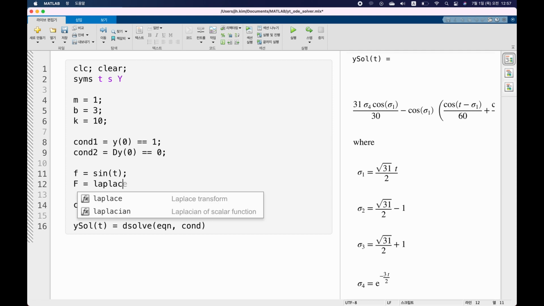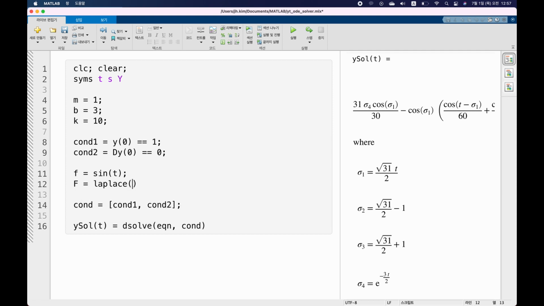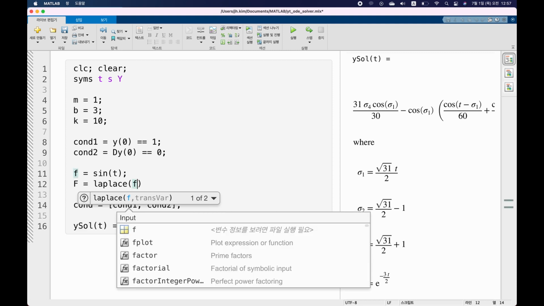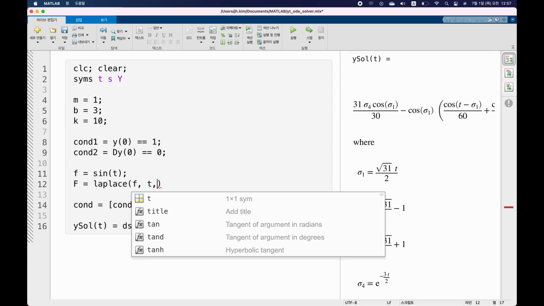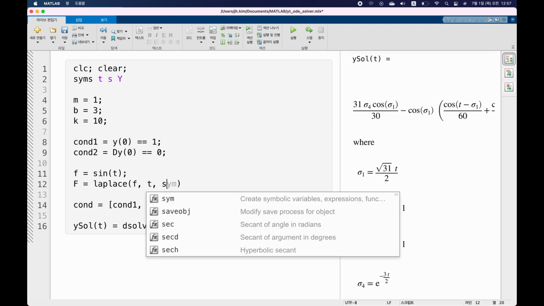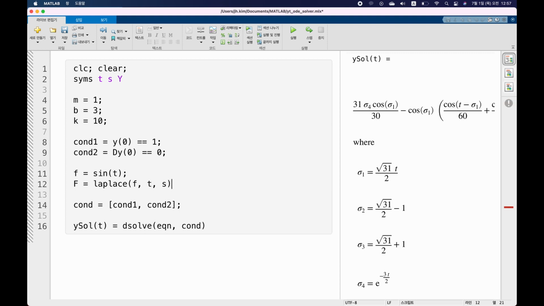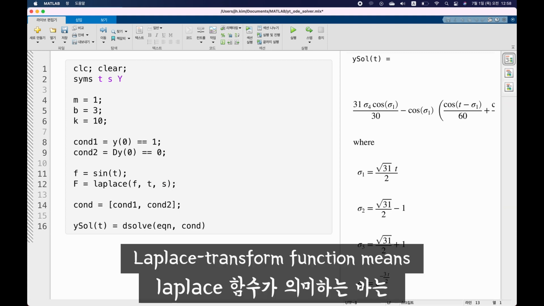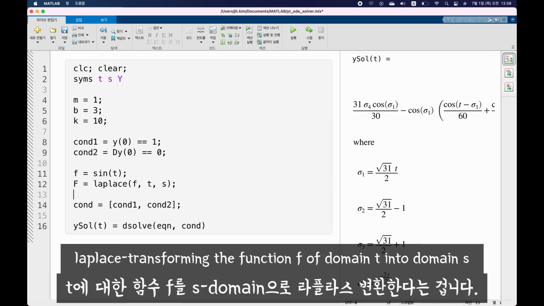So F = laplace(f, t, s). The Laplace transform function means Laplace transforming the function f of domain t into domain s.